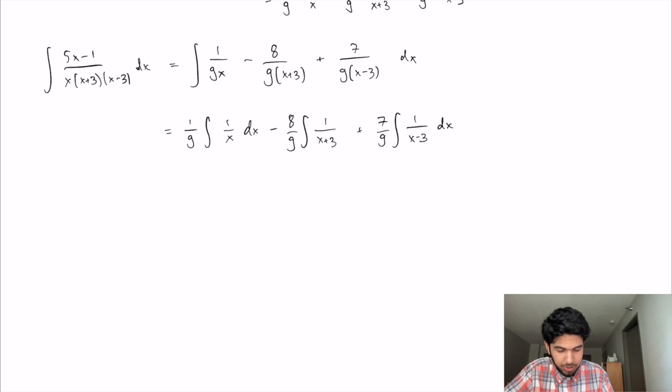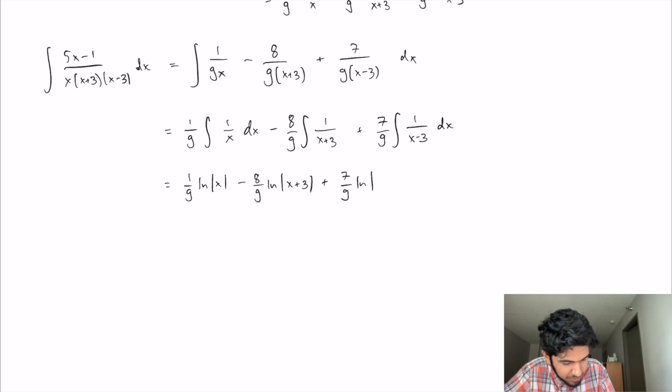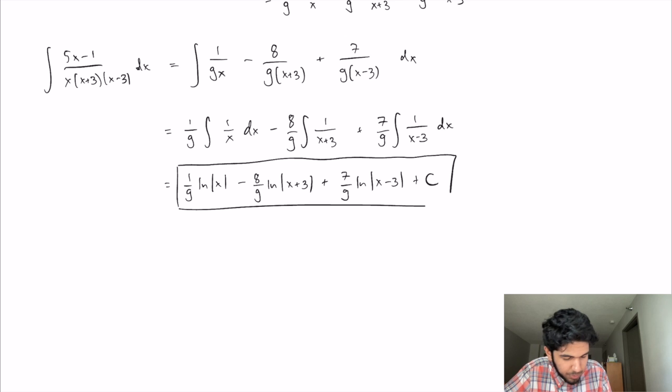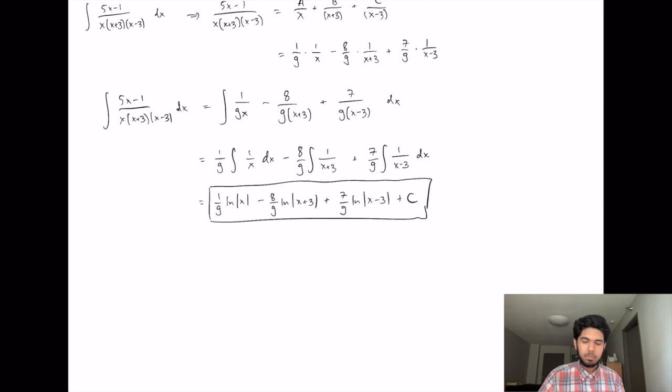I'll let you solve them on your own. But this answer will be equal to 1/9 ln of absolute value of x minus 8/9 ln absolute value x plus 3 plus 7/9 ln absolute value of x minus 3. Don't forget your plus c because it's an indefinite integral. And boom, we are done.